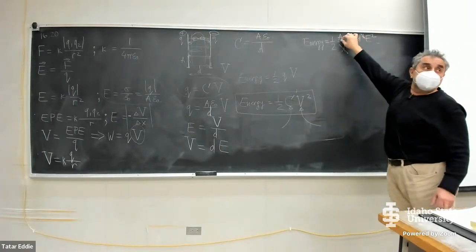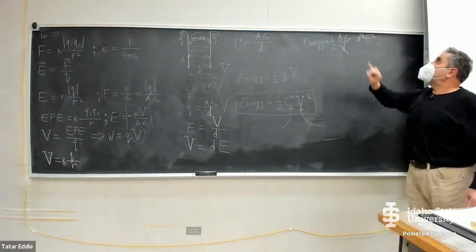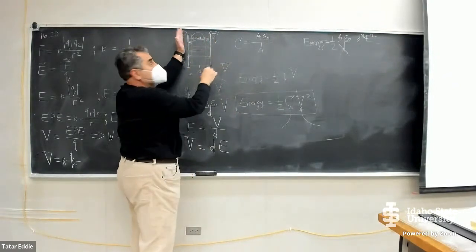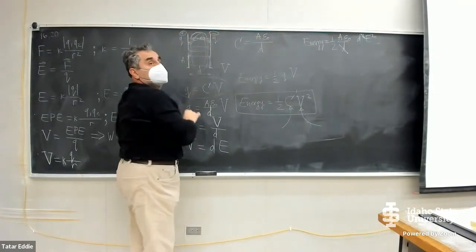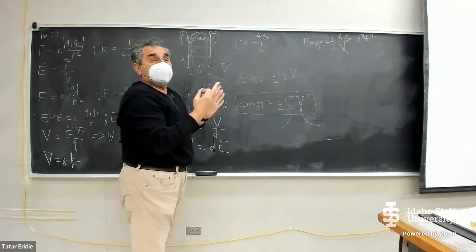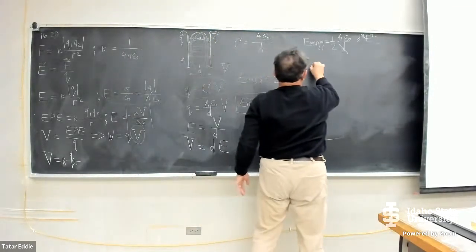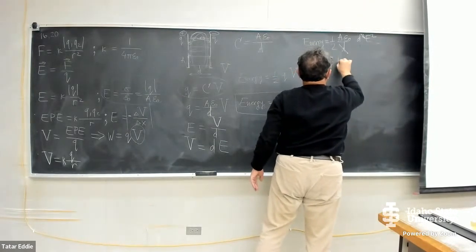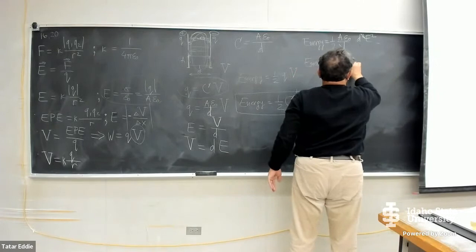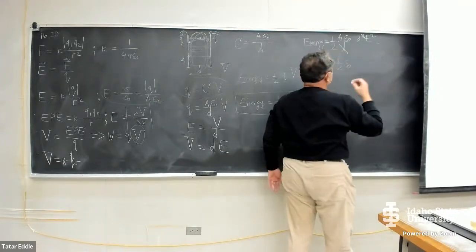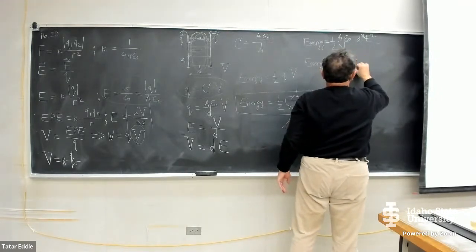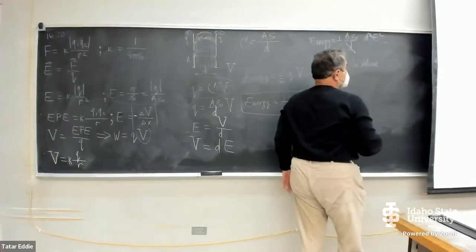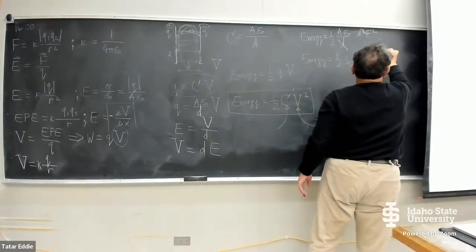Also, area multiplied by distance, so area of this plate multiplied by distance gives me the volume between the plates. So I'm going to have energy is 1/2 electric permittivity of air or vacuum times volume times electric field squared.